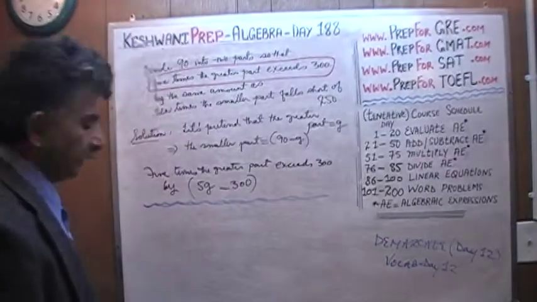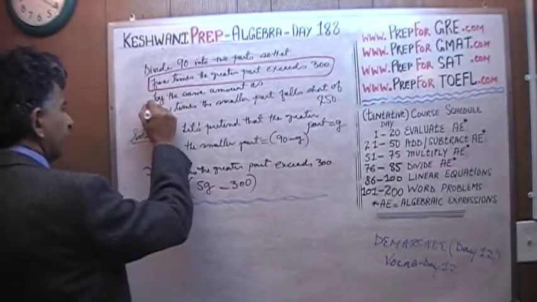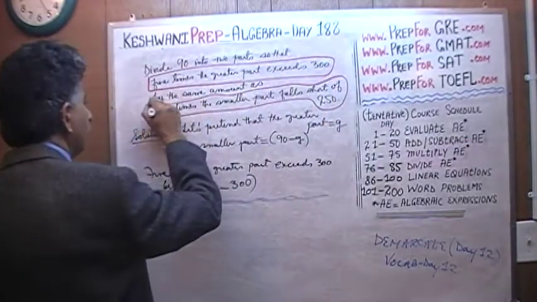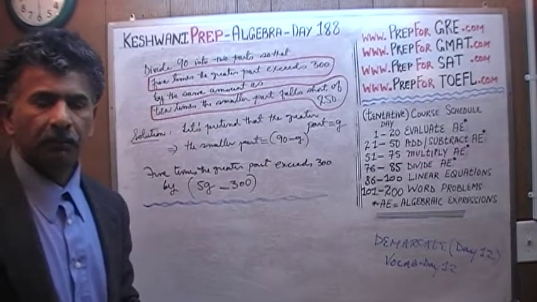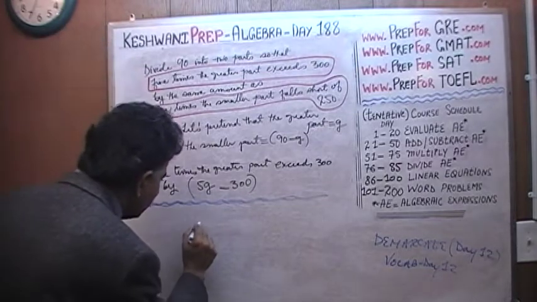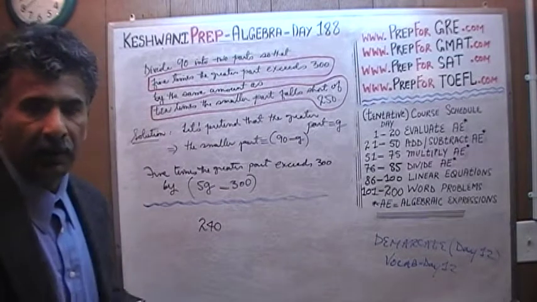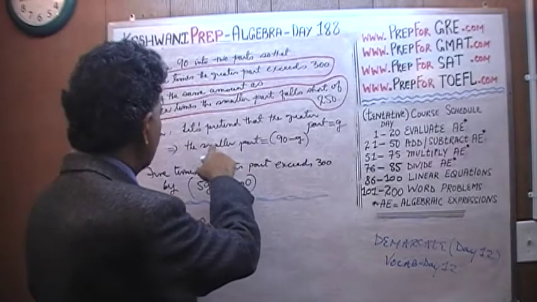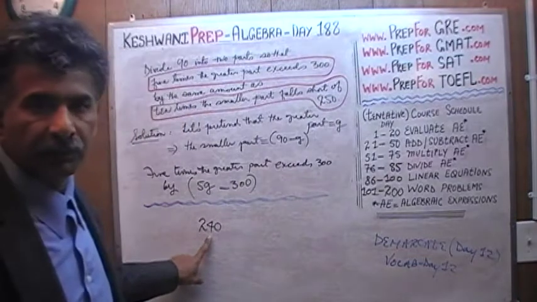Let's move on then. Now we do the second part. How do we express this concept? 10 times the smaller quantity falls short of 250. But before we worry about how to show that part, let me ask you this question. 240 falls short of 250 by how much?